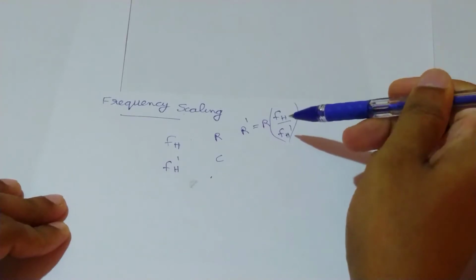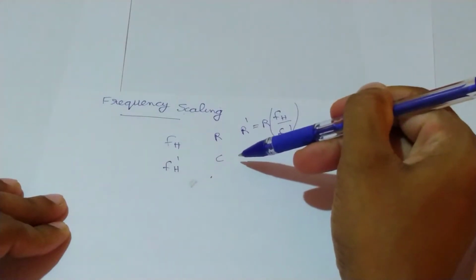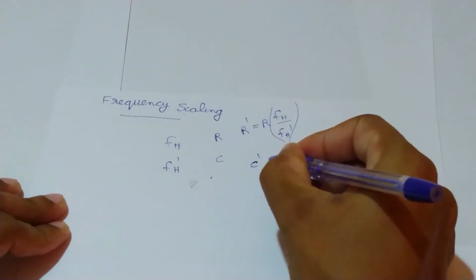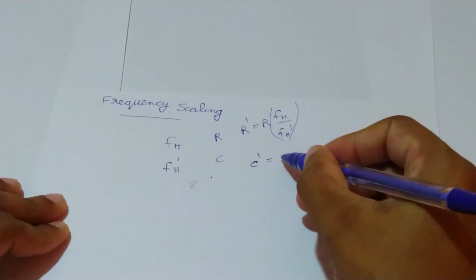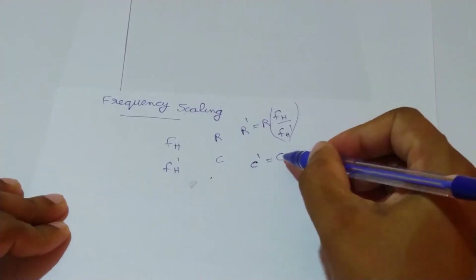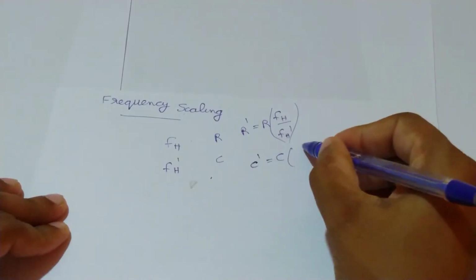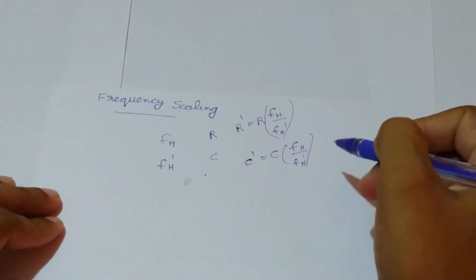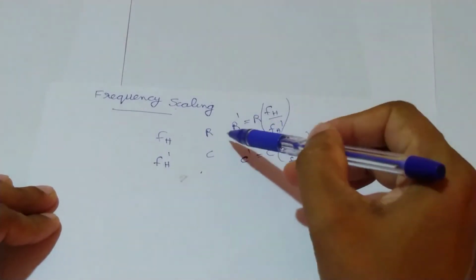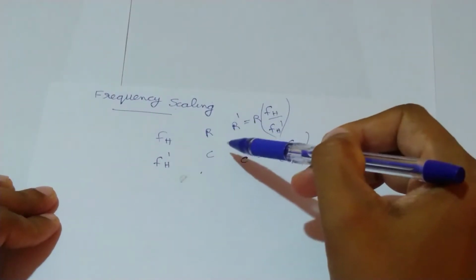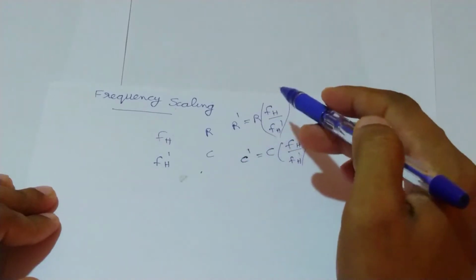And if we are changing the capacitor C, then the new capacitor value C dash is equal to the old capacitor value into fH divided by fH dash. We need to change either this resistance R or this capacitor C.